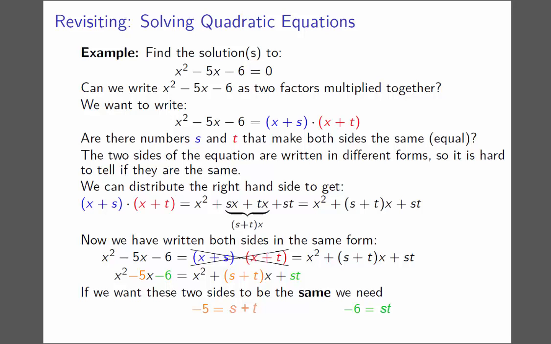On the left-hand side, we have negative 5x, and on the right-hand side, we have s plus t times x. Similarly, we want our constant coefficient to be the same on both sides as well. On the left, we have negative 6, and on the right, we have s times t. So we need negative 6 to equal s times t. So can we pick values of s and t that make both of these true?